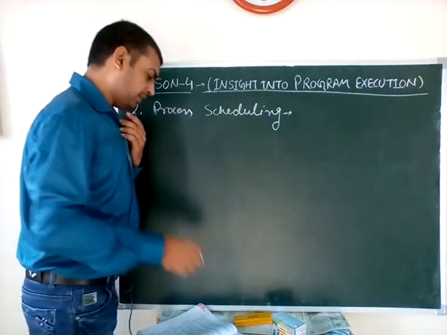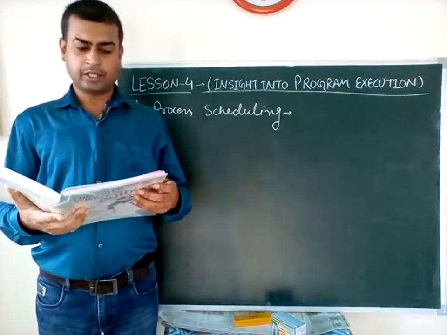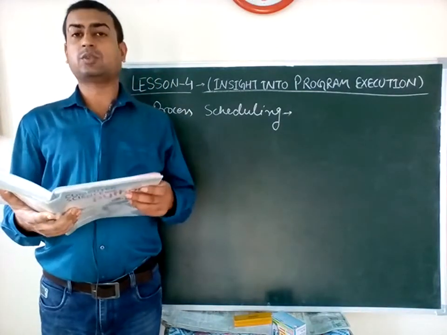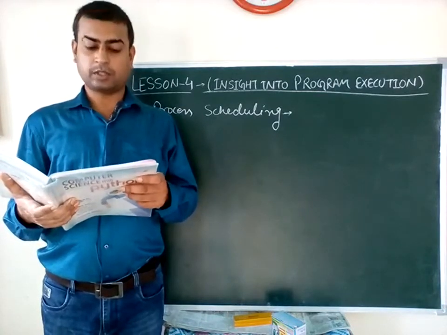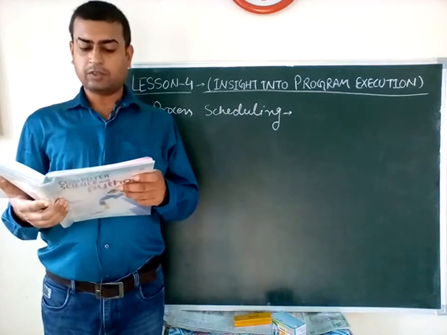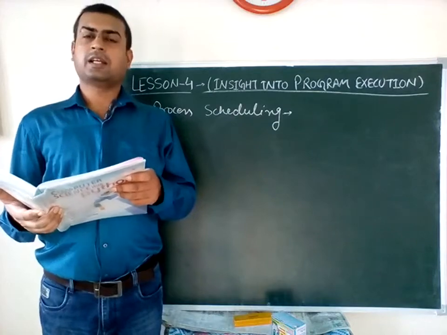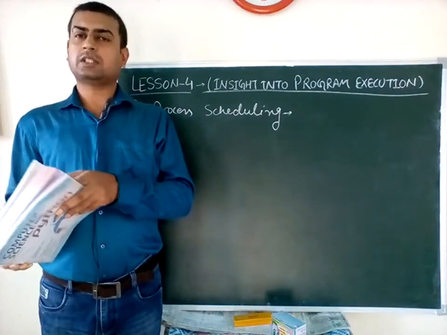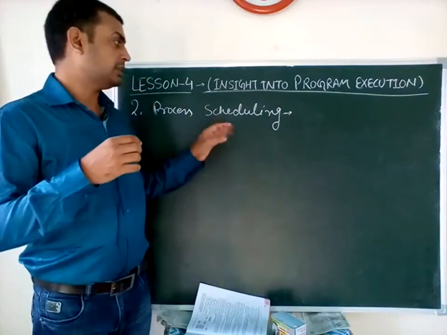Now it will do certain works like which process will get the CPU time, which process has to be removed from the CPU, which process has to be shifted for input output, and what is to be done in case an interrupt occurs. Means all these points will be considered by the process scheduling.